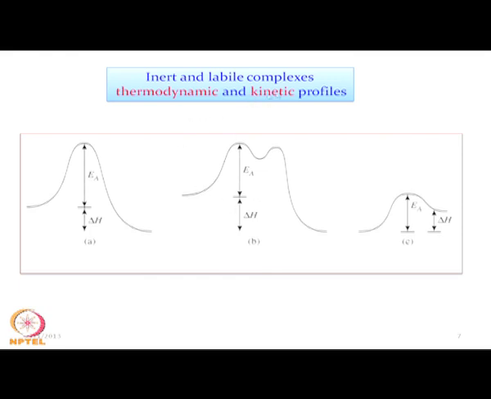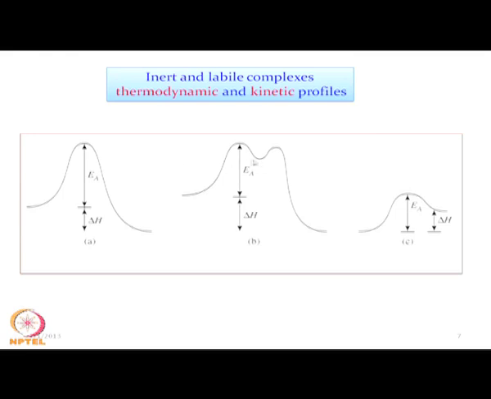But when we talk about the kinetic profile, we should consider the E A values, the energy of activation, how much barrier there is to cross from the left hand side, ML5X, to ultimately get to ML5Y, the product formation. In some cases you can have an intermediate, and in other cases you do not.